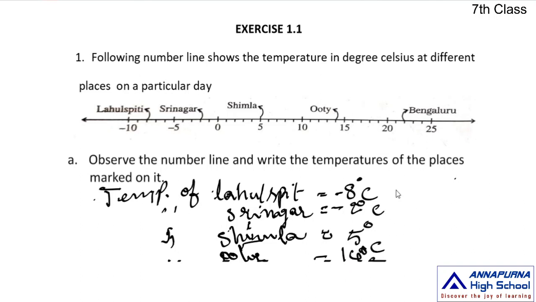Like that, temperature of Bangalore is equal to, 20 and after it covers 21, 22. So its temperature is plus 22 degrees centigrade. So this is the temperature of different places marked on it.